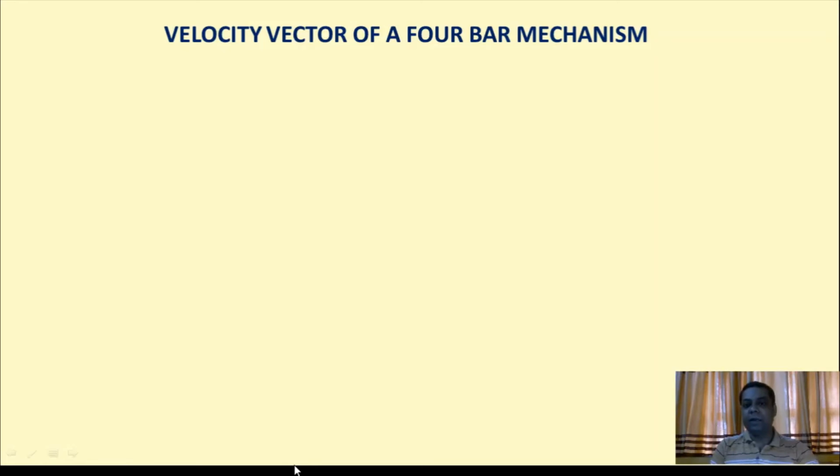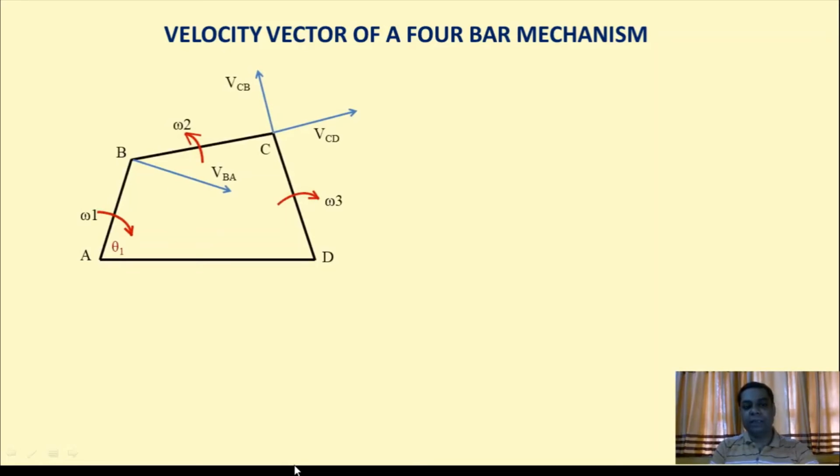Now the velocity vector of a 4-bar mechanism, if you are going to analyze: over here we see that AB, the first one, which is called the crank, is turning in the clockwise direction with omega 1 angular velocity.